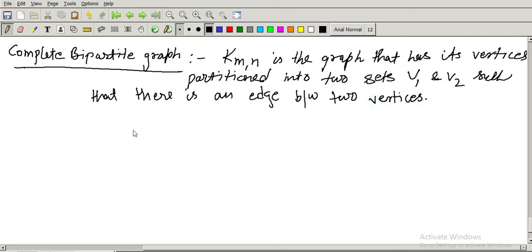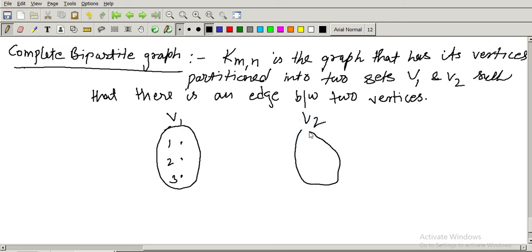So let's understand it by example. First of all, we have taken a set, 1, 2, 3. You don't need to draw this, this is my way of representation. This is the V1 set, and the V2 set has A and B. Okay, A and B are the two vertices.